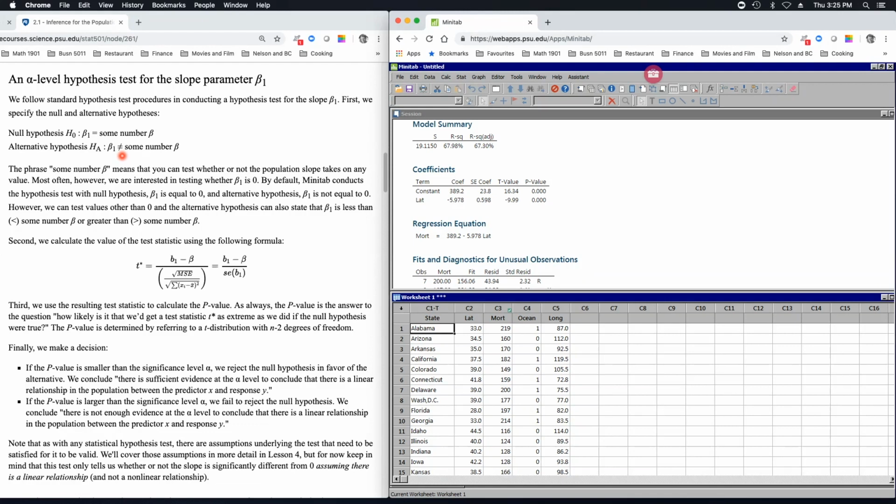The p-value is the sum of the tail area to the left of minus 9.99 plus the tail area to the right of plus 9.99. 9.99 is way out in the tail of a t-distribution with 47 degrees of freedom. So those tail areas add up to, Minitab is telling us, 0.000 to 3 decimal places.